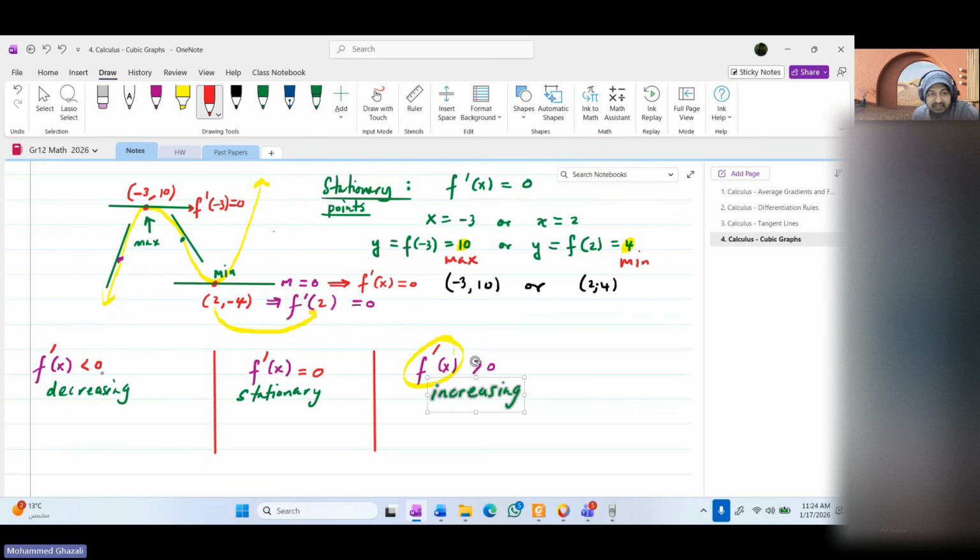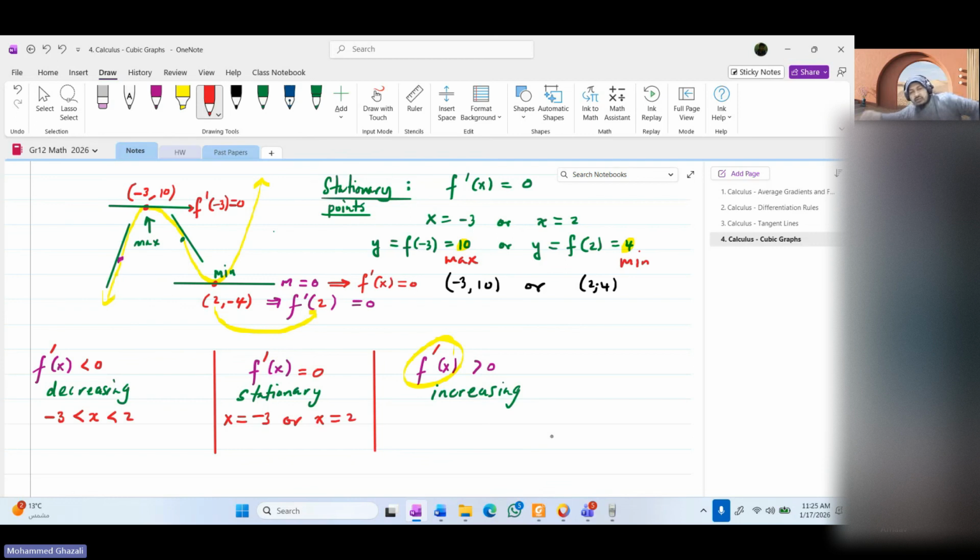Slope negative means decreasing. So you're going down. Think about the roller coaster, you're reading from left to right. So you went up, stationary, down, then up again. So it is decreasing between -3 and 2. Right, that's my answer. When is it stationary? It is stationary at x equals -3 or x equals 2.